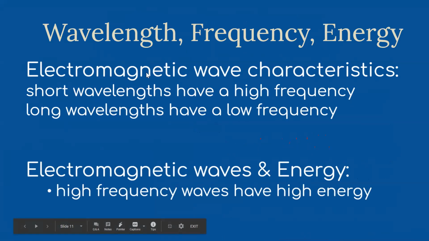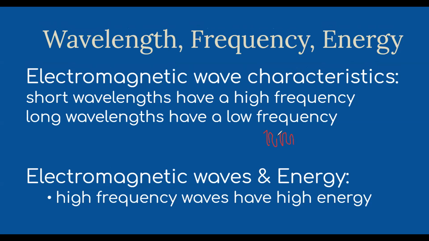So what are the characteristics of an electromagnetic wave? Short wavelengths have high frequency. Like I said, if we were trying to draw this, let's draw the first one. This has short wavelengths, so it's going to have a high frequency, because remember, frequency is the number of times it occurs.